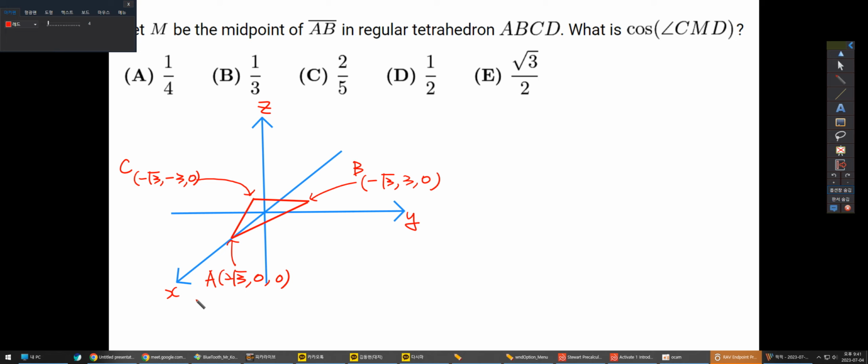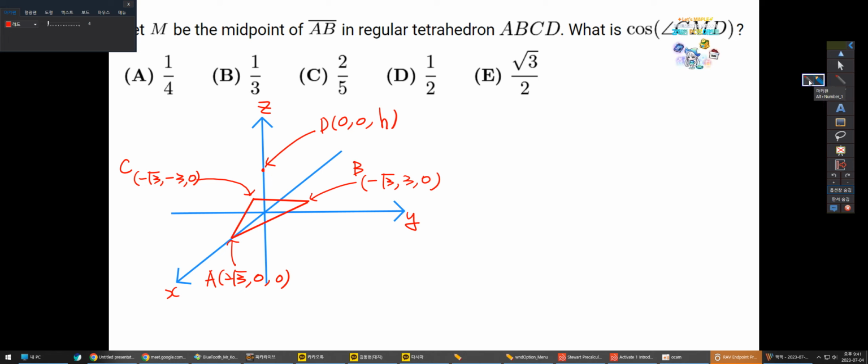And for the coordinate of D, let's say the coordinate of D is like H. So let's say D is (0, 0, H).